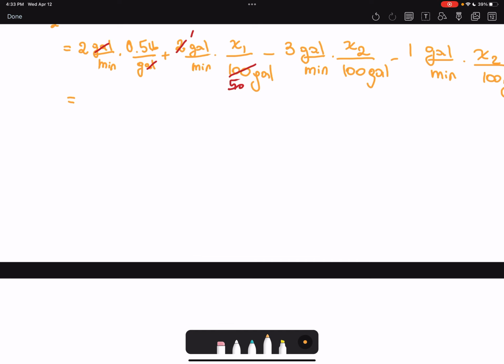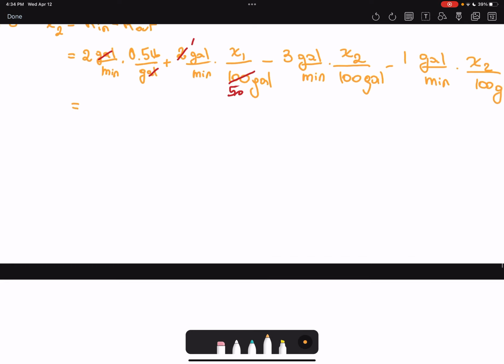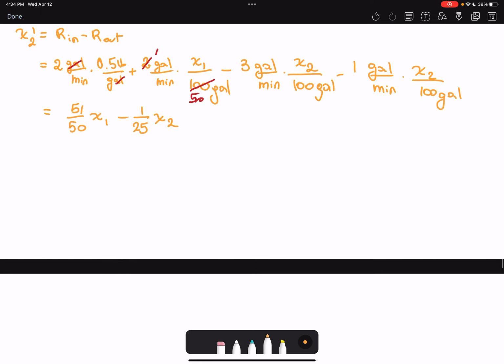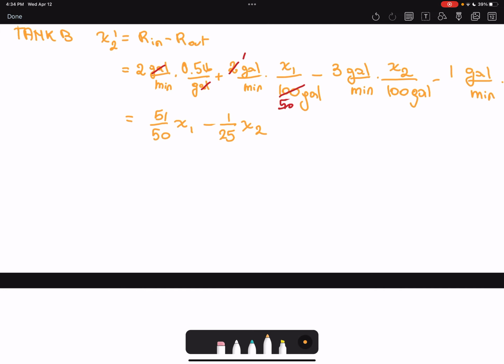So here we're going to get 51 over 50, I'm going to drop the units, x1 minus 4 over 100. So what is 4 over 100? All right. So we have 51 over 50 x1 minus 1 over 25 x2 right here. And that's going to be x2 prime.